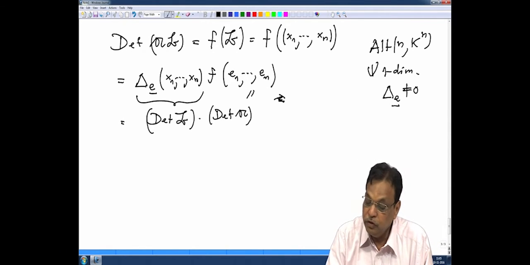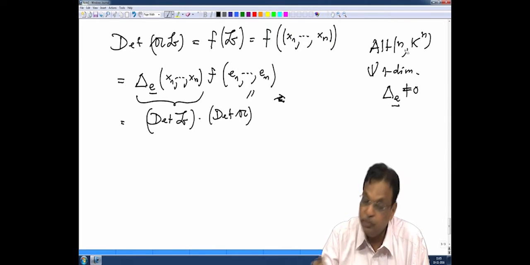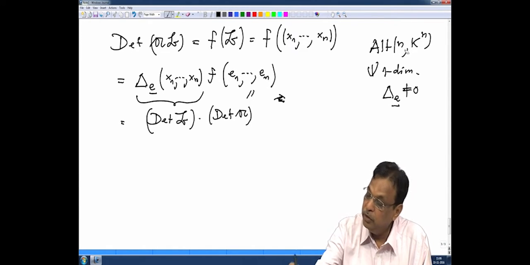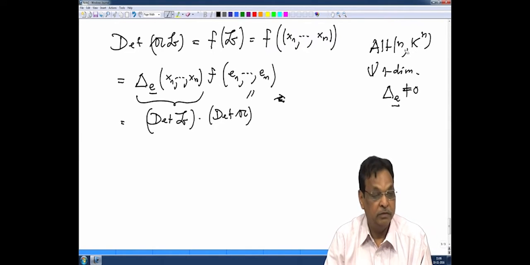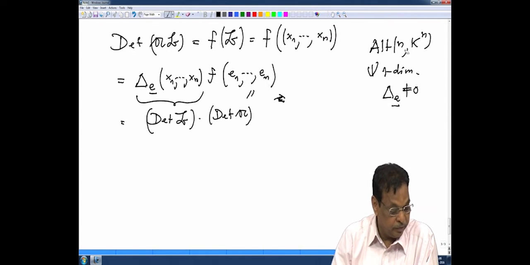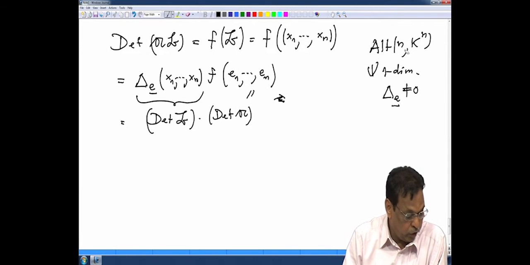You see this proof is not very difficult, but it depends on the fact that this vector space is one dimensional, and the main theorem of determinant theory says that there is a standard determinant function, and therefore every other alternating multilinear map is a scalar multiple of that, and we know how to calculate by using the properties of alternating multilinear maps. Okay. So, that proves the product formula.